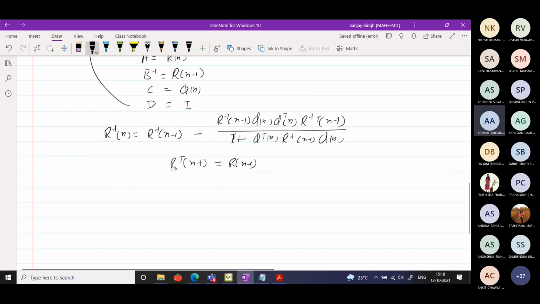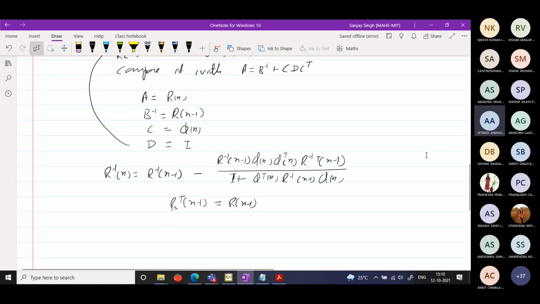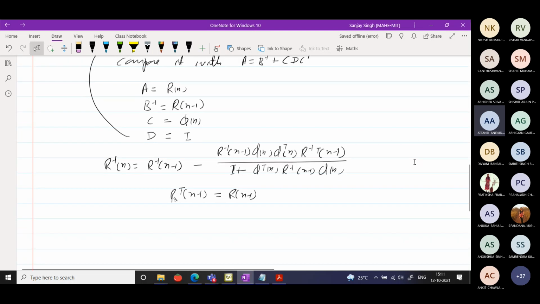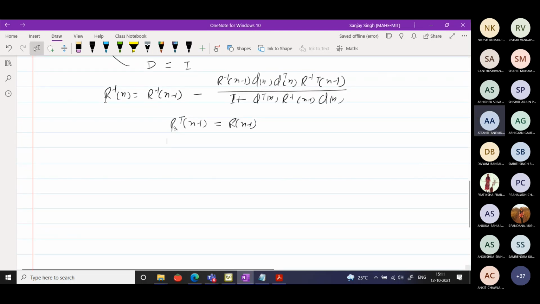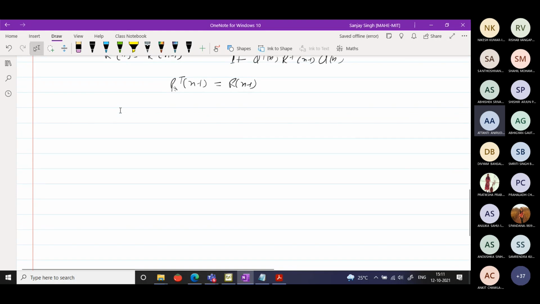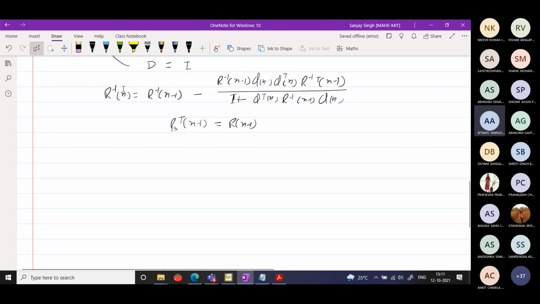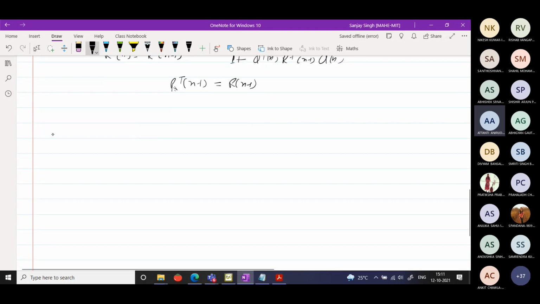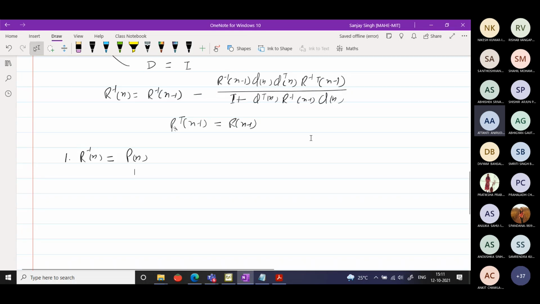Now this looks a bit ugly and so many things are there. Let me complete this, then I try to combine everything. So let me write it in a simpler fashion. As far as formulation is concerned, instead of inverse appearing everywhere here, let me just write R inverse n, I'm just assuming to be P of n, a safe way. So wherever R inverse things are there in this entire formula, we can change it.